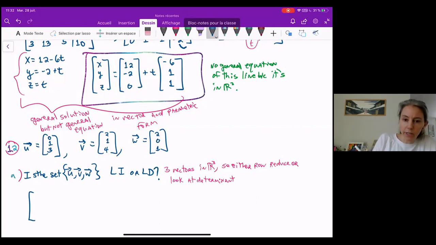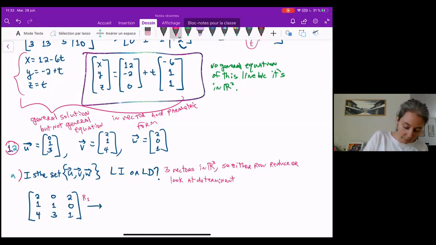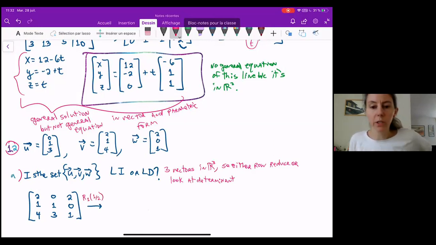We'll go with VUW since that was what was suggested. And then notice I can easily just multiply the first row by a half to make that first number a 1. Because it doesn't matter. All we need to know is if there is a useless vector, right?